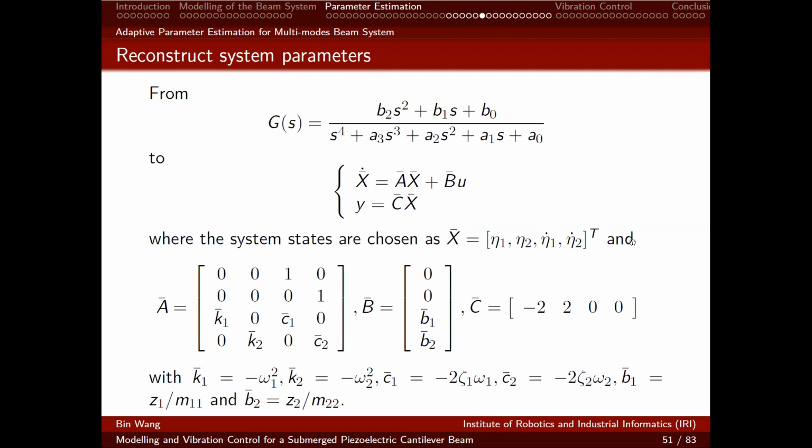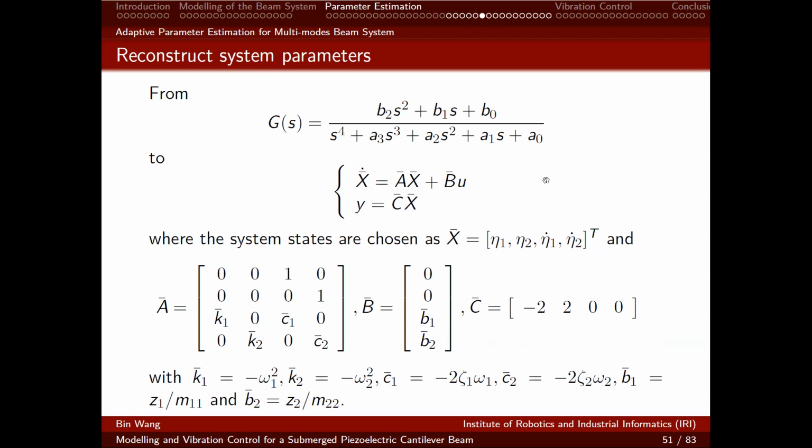In this method, we can reconstruct the system parameters in the state space model. You may know that from the state space to the transfer function it is easy, but from the transfer function to the state space, it can be complicated.